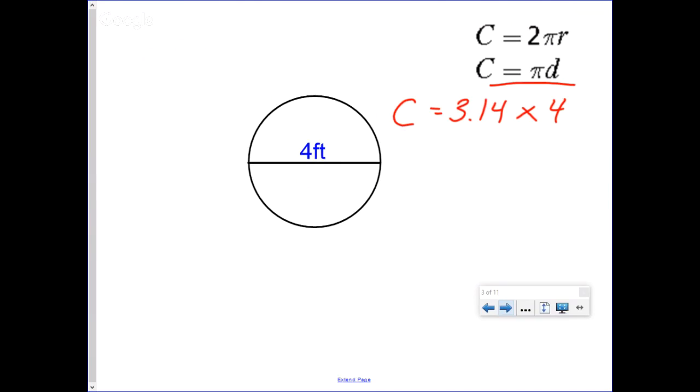Okay. Now, when we multiply this on a calculator, we'll have 3.14 times 4 equals 12.56 feet. That is the distance around this circle.